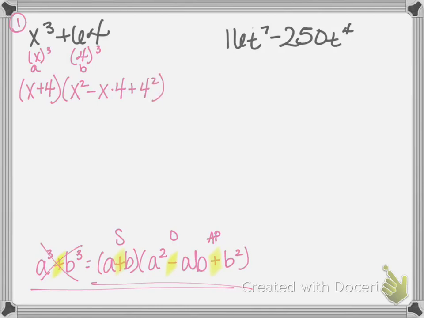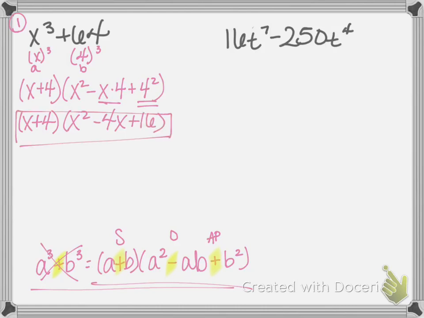There are some things we can easily modify, like this x times 4. We can change that to make it look prettier. We make it 4x. And we have 4 squared, which we can easily make 16. So the next step after you plug it in is just to make it look pretty. This is going to give me x squared minus 4x plus 16. And this becomes my answer.